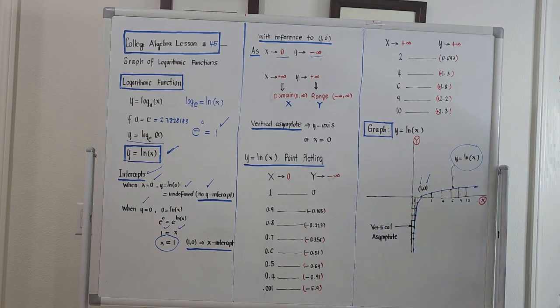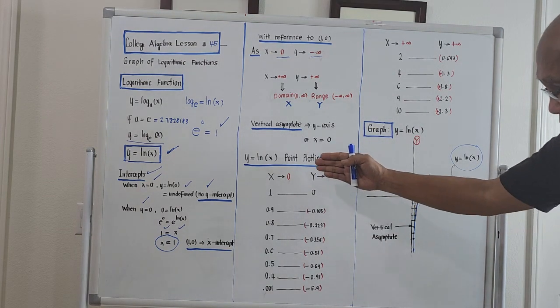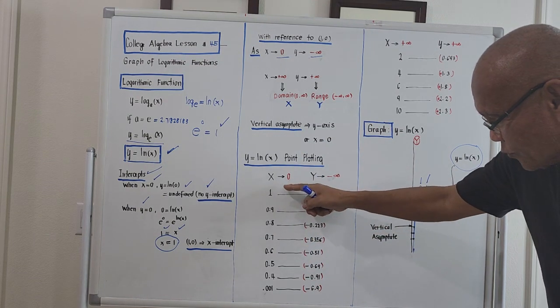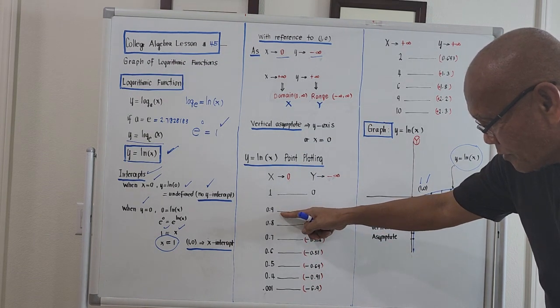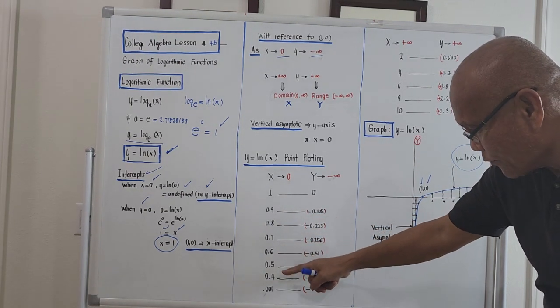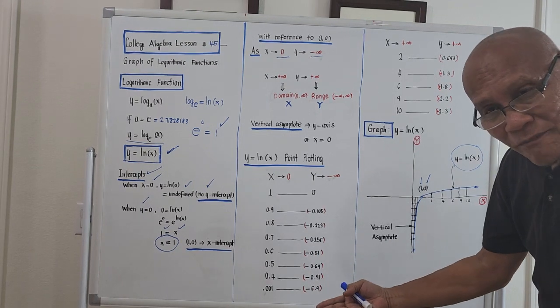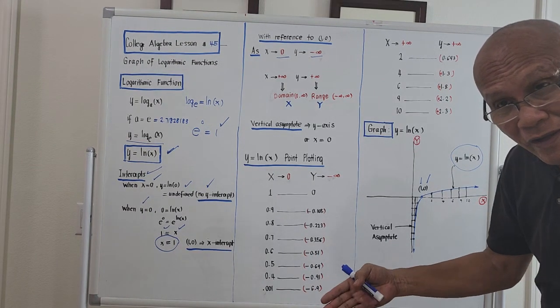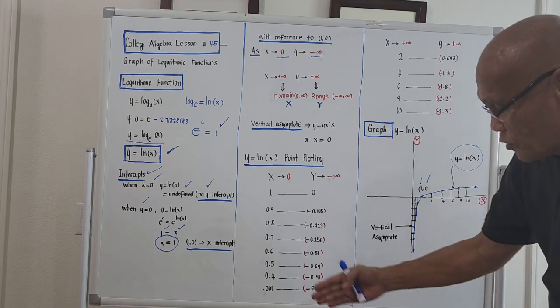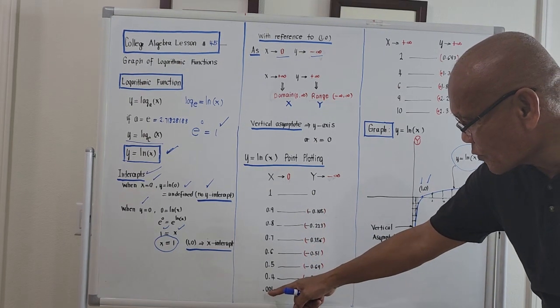Why does it decrease? If we try point plotting, we start from 1, then go 0.9, approaching 0, 0.8, 0.7, 0.6, 0.5, 0.4. And what's a number that's very near 0? There are so many. Supposing we assume 0.001.